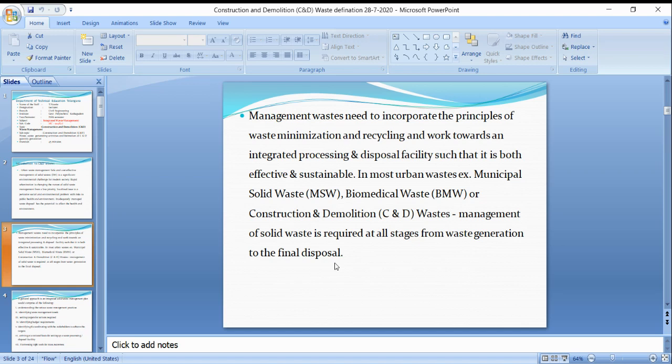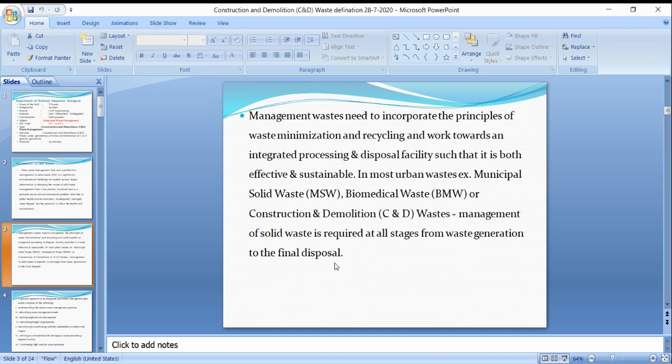So those are nothing but how we will minimize by recycling the materials. If you recycle the materials, the waste will be reduced before disposal. So one of the methods is recycling and reusing the materials, and working towards integrated processing and disposal facilities such that it is both effective and also sustainable.